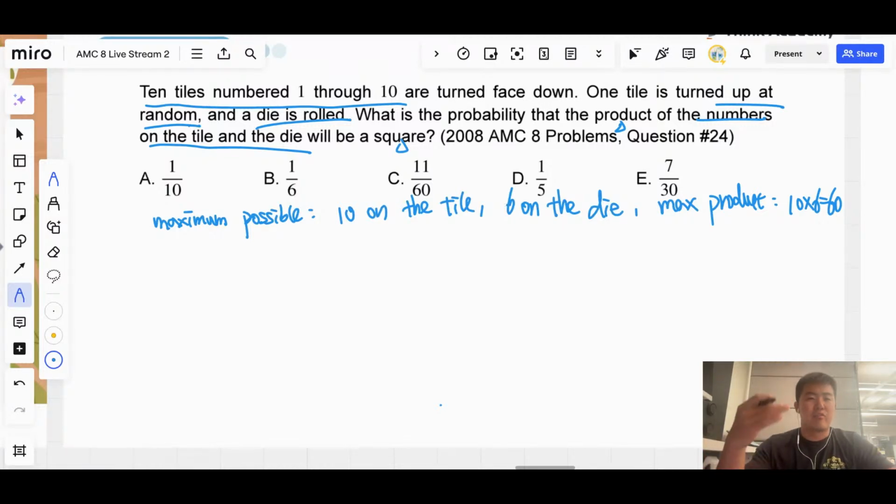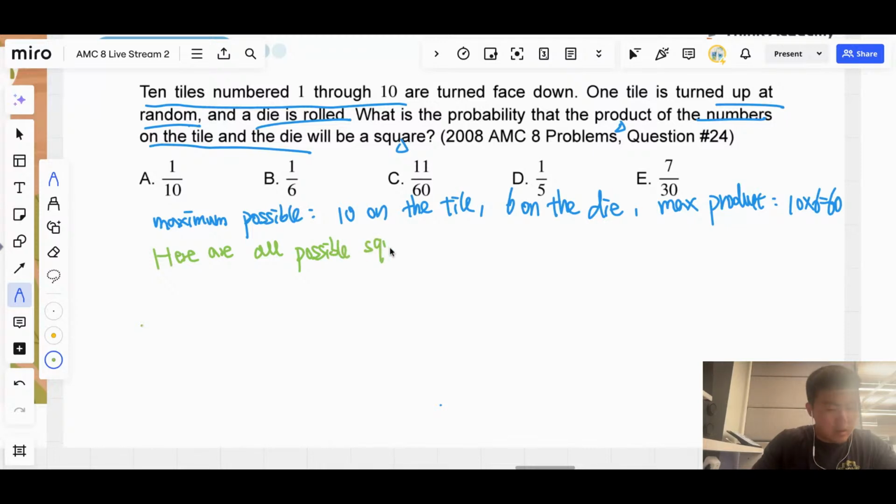Since we're asking how many squares we have, we are looking from the first square, which is 1, to 60, everything in between that counts as a square. How about we list them? It's not too much, so we can apply the method of enumeration, right? Here are all possible squares less than 60.